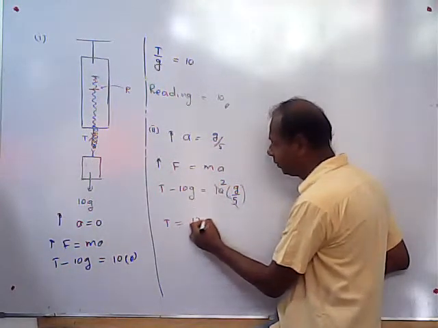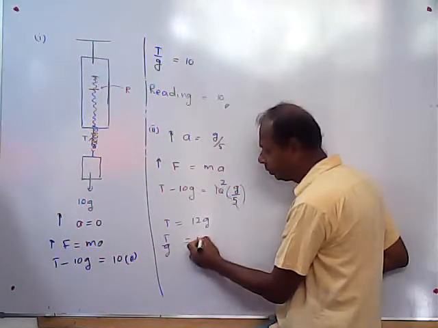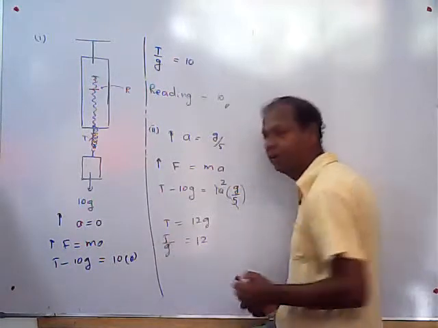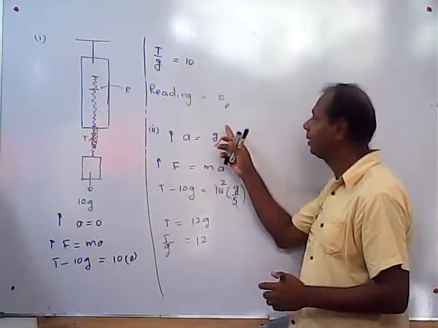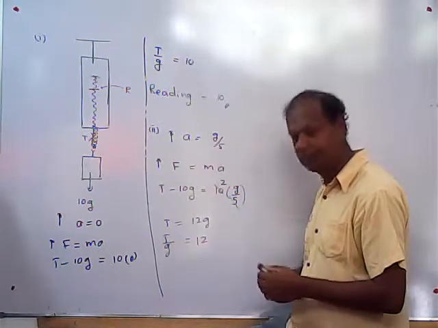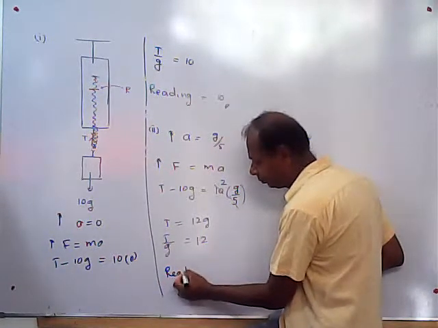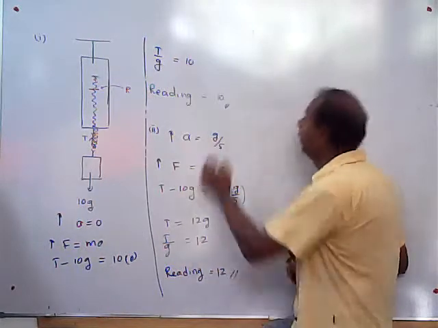Altogether T equals 12g, so T over g is equal to 12. The reading is 12 this time. Earlier it was 10, now it is 12.